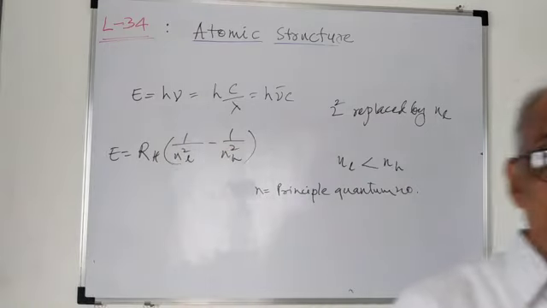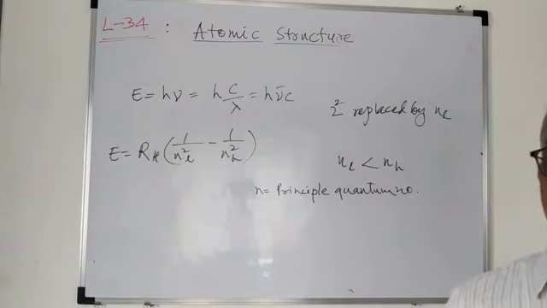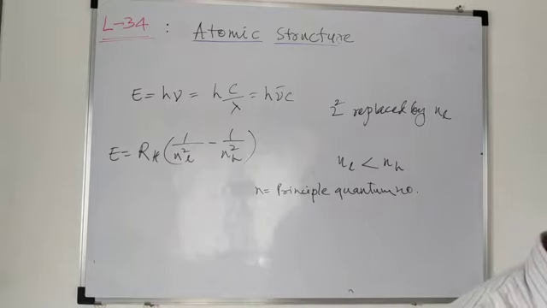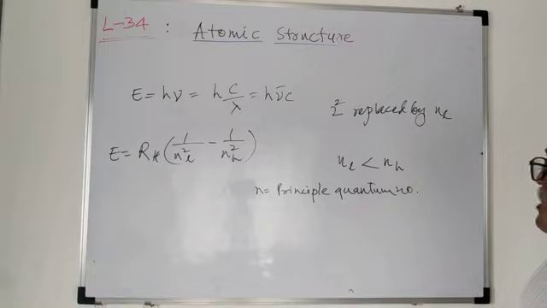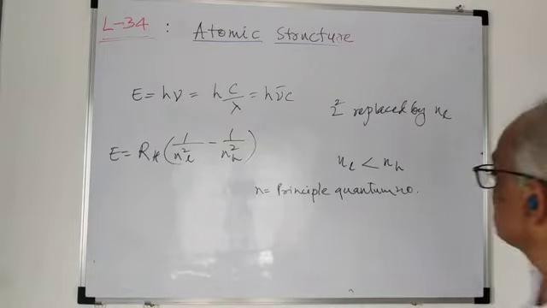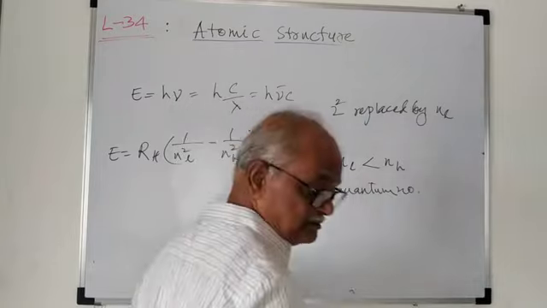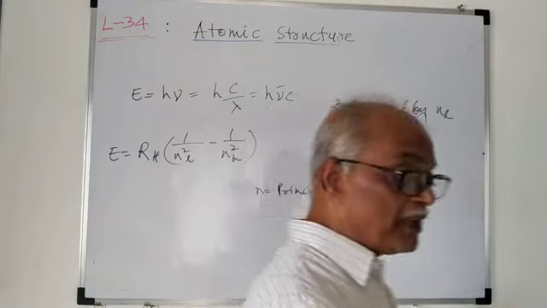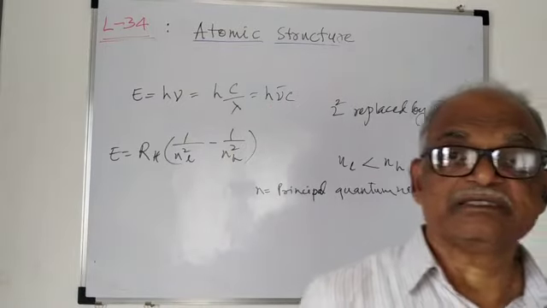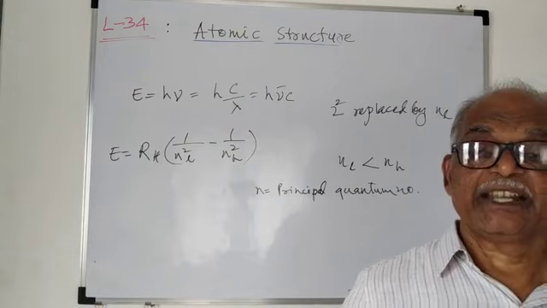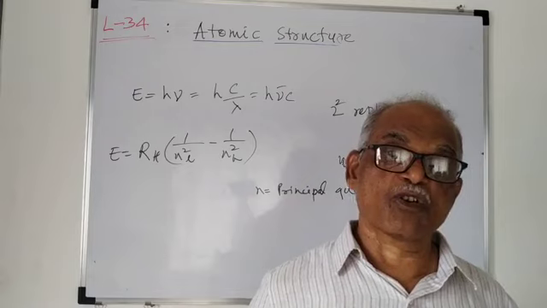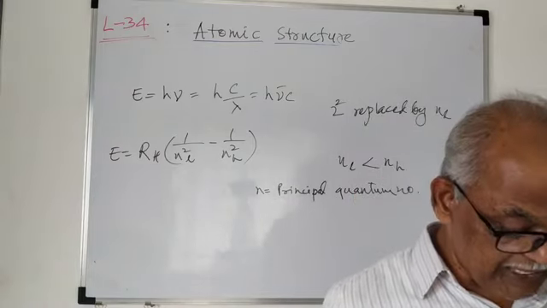This is based on the observations of spectral lines obtained in the UV and IR spectral regions. The principal quantum number is one more important discovery, which shows that it is the principal or main energy level of electrons present around the nucleus.